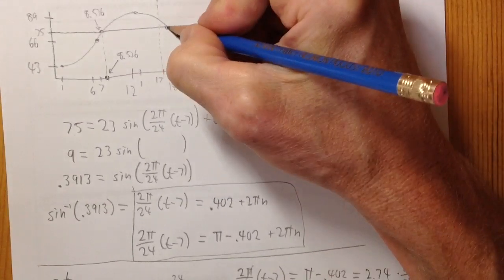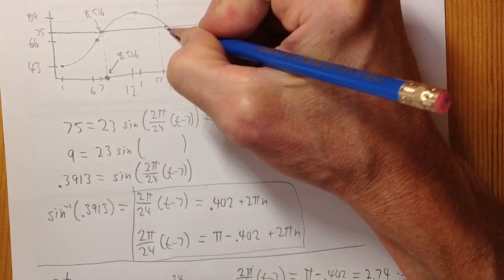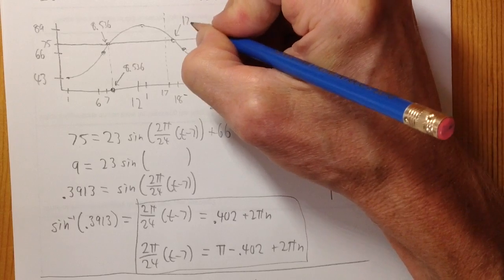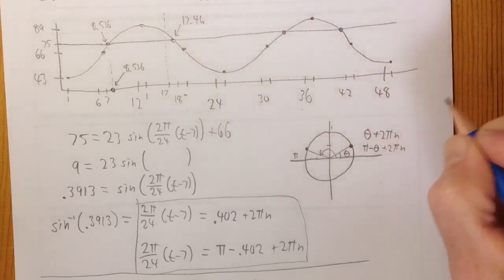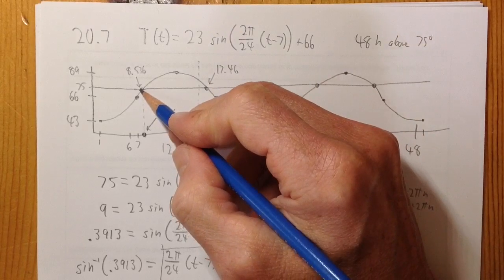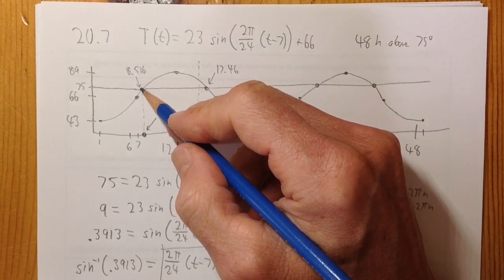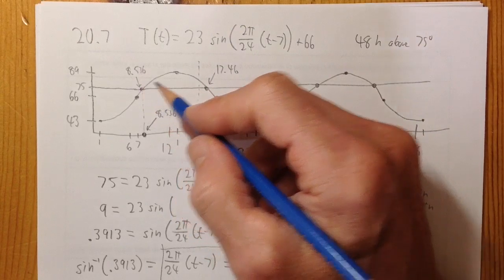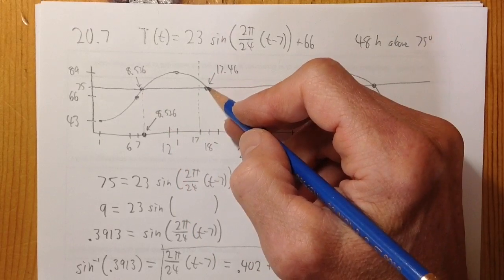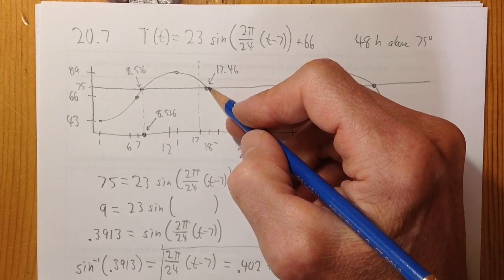So this point right here, where it goes below 75 degrees, is at 17.46. Okay, so it hit 75 at a little after 8 o'clock, 8:30 in the morning, and then goes below at about 17:30, which is 5:30. So there will be a little bit that first day.